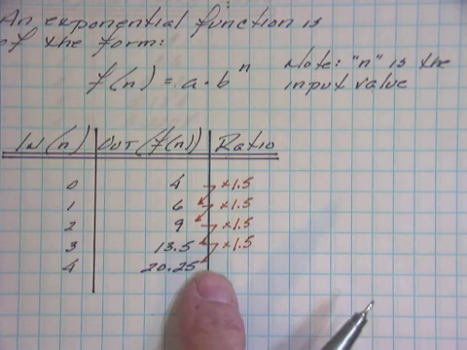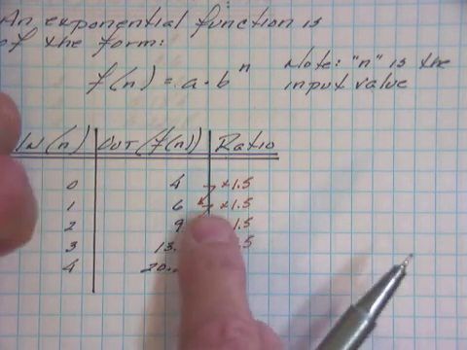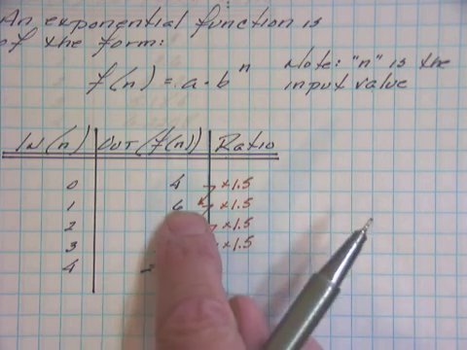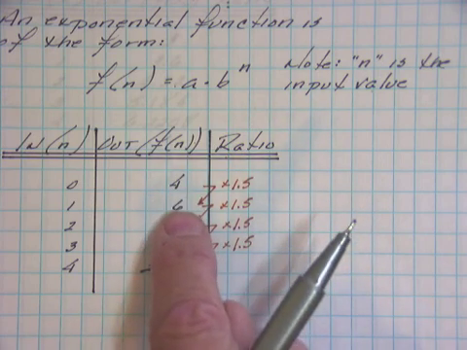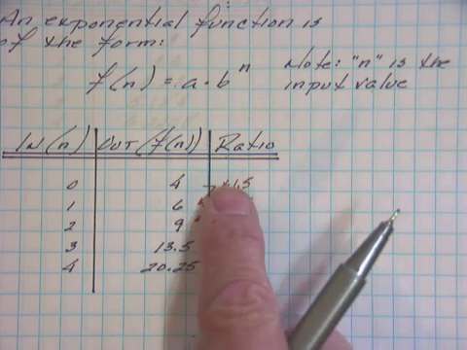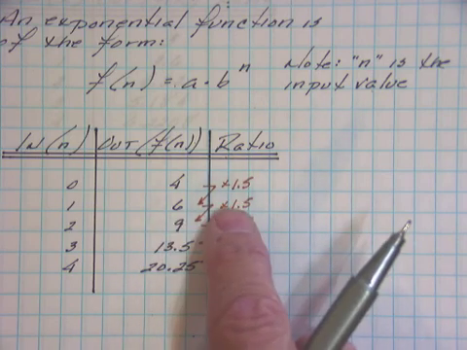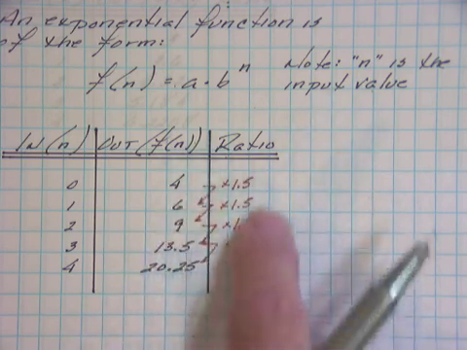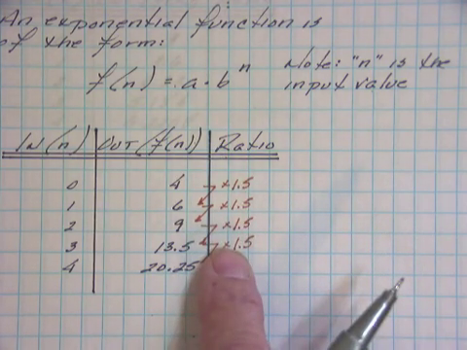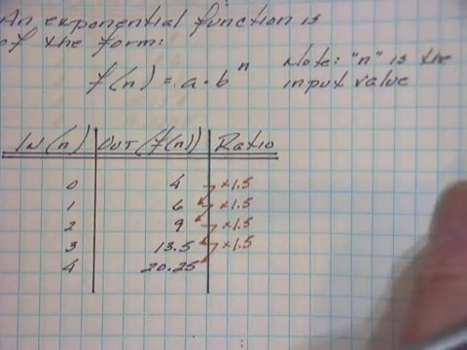And if you're looking at the numbers ever and you don't know what that ratio might be, just simply take one number and divide it by the one before it. And you'll see 6 divided by 4 is 1.5. 9 divided by 6 is 1.5. So that's how you can determine what the ratio is if you don't see it off the top of your head.